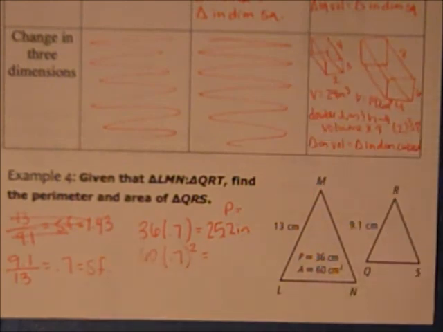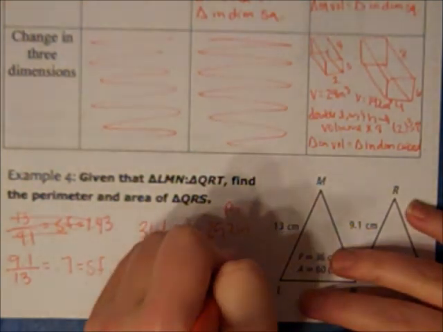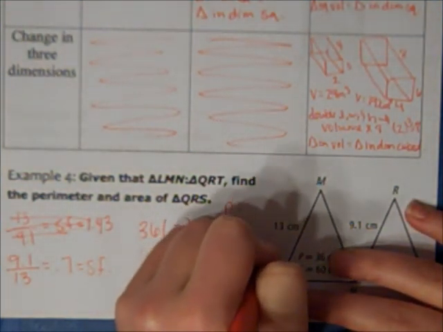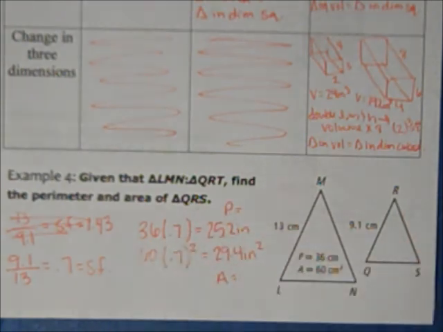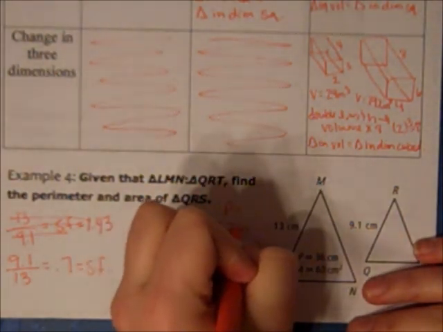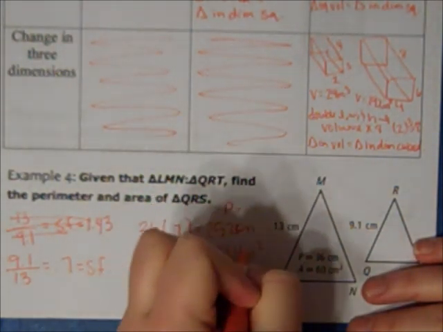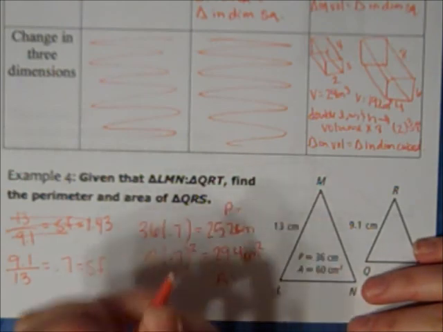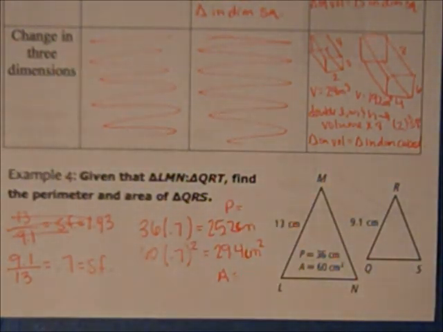So 60 times 0.7 squared. 29.4 inches squared is going to be my... Oh, why did I make up that these were in inches? How about centimeters squared? It's going to be my area.